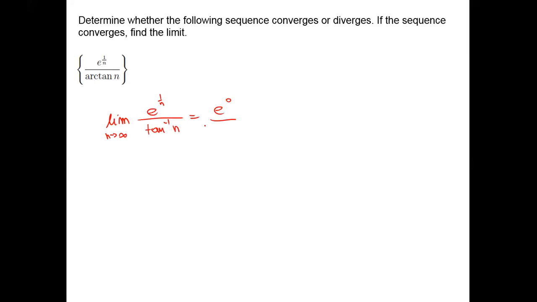And inverse tangent at infinity is pi over 2. That means we have e to the power of 0, which is 1, over pi over 2. It's just 2 over pi, a finite number. The sequence converges to 2 over pi.